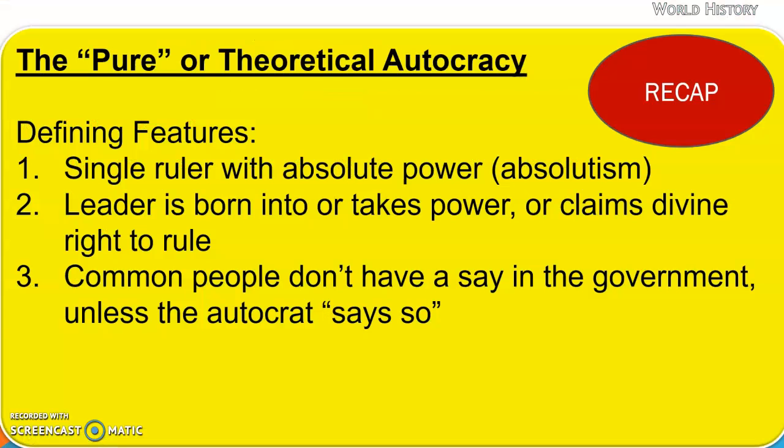Remember the defining features of a theoretical autocracy: a single ruler with absolute power, absolutism. The leader is born into or takes power or claims divine right to rule. We talked about monarchy, dictatorship, and theocracy. Common people don't have a say in the government unless the autocrat says so.